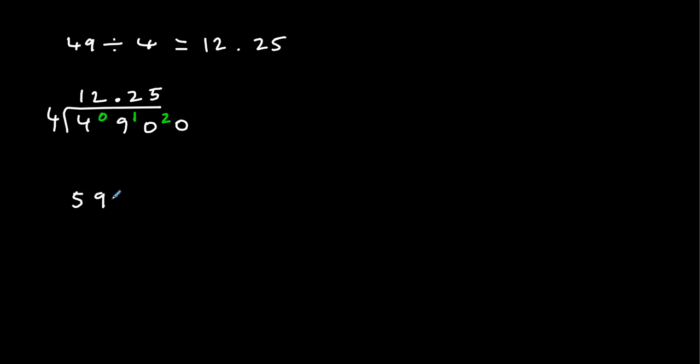Okay, let's try doing 59 divided by 8 and 481 divided by 40. So 8 doesn't go into 5, so we consider 59 next. 8 goes into 59 7 times with a remainder of 3.